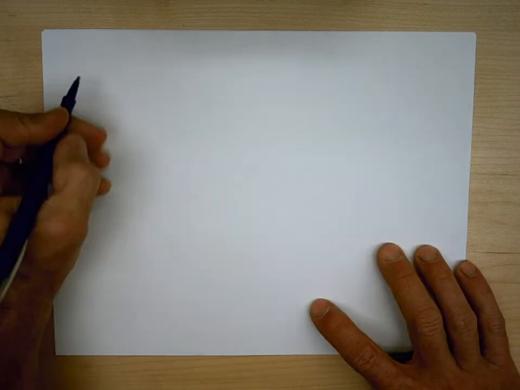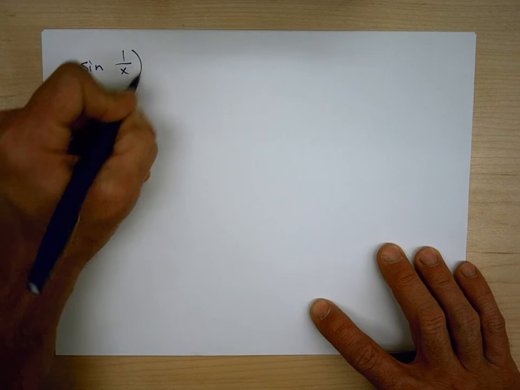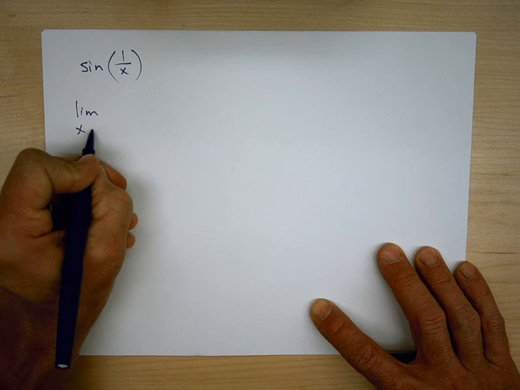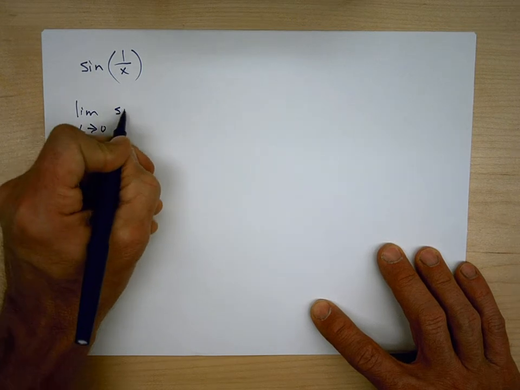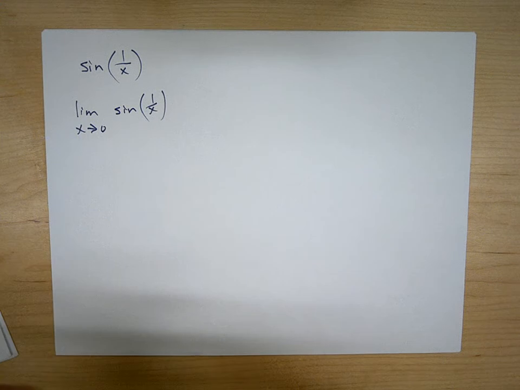And then there's one more that I want to discuss. An example of this is sine of 1 over x. So if we take the limit as x goes to 0 of sine of 1 over x, what's happening?